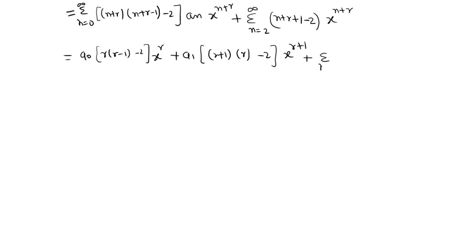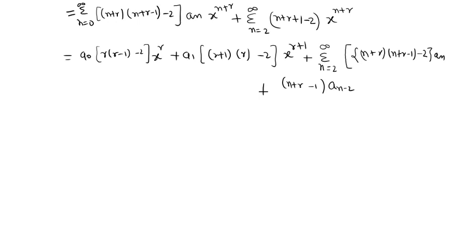Then the rest of the terms: the sum from n equal to 2 to infinity, where I can combine both sums together. This gives (n plus r)(n plus r minus 1) minus 2, times a_n, plus (n plus r minus 1) a_(n minus 2).